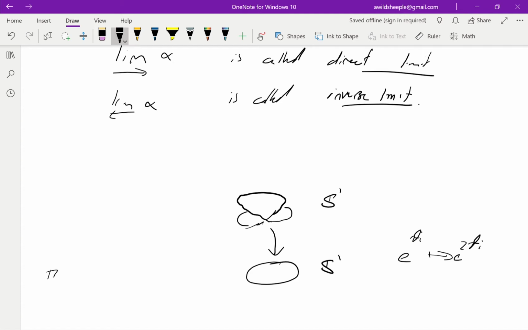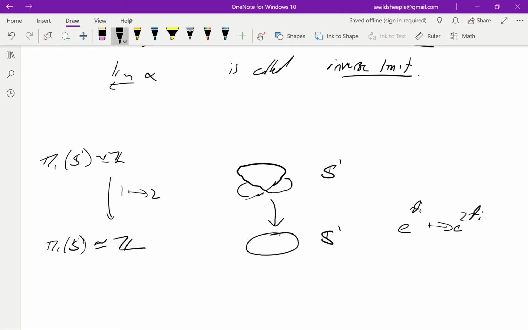So pi1 of S1, hopefully if you're watching this video, you know that that's isomorphic to Z. And this group up here, well, it's also a circle, so it's also Z, but the map is the map that sends 1 to 2. In other words, it's the doubling map. So we think of the image of this map lying in here as actually being just the coset 2Z, like so.